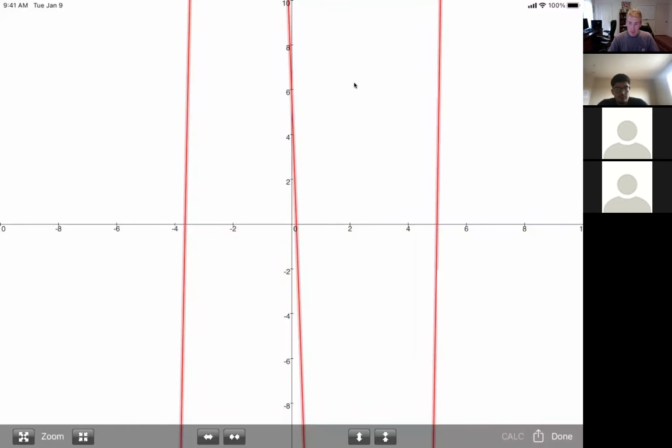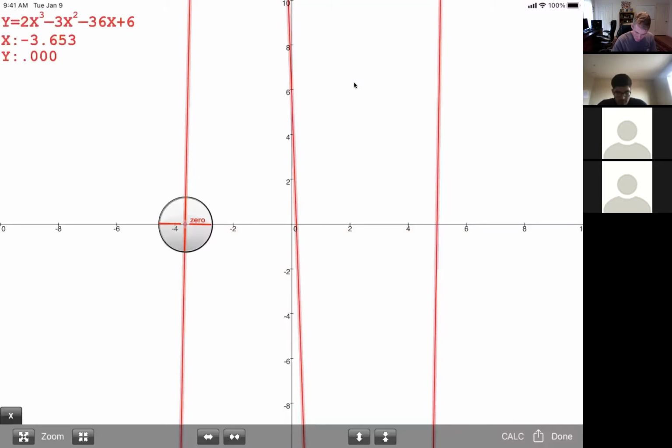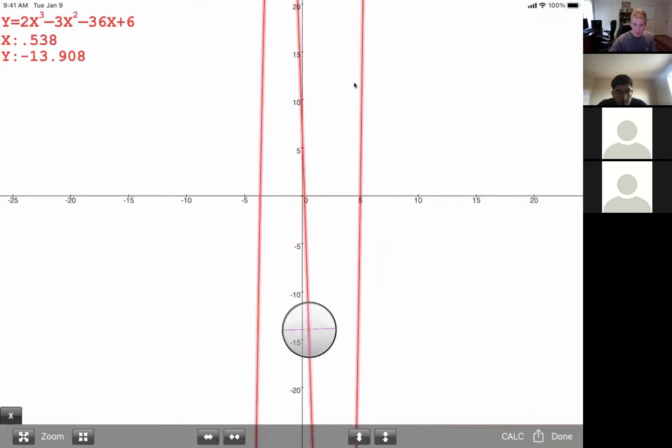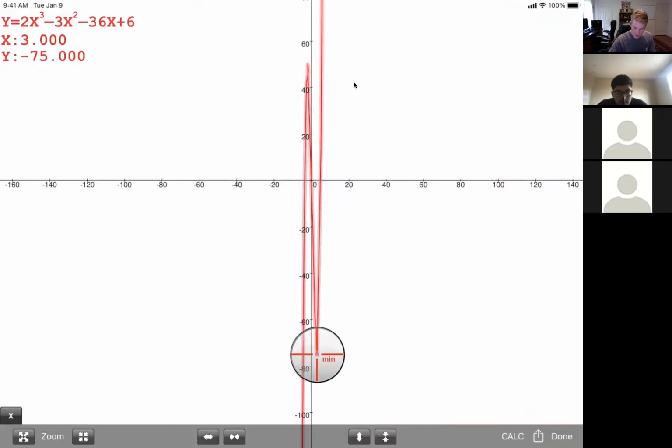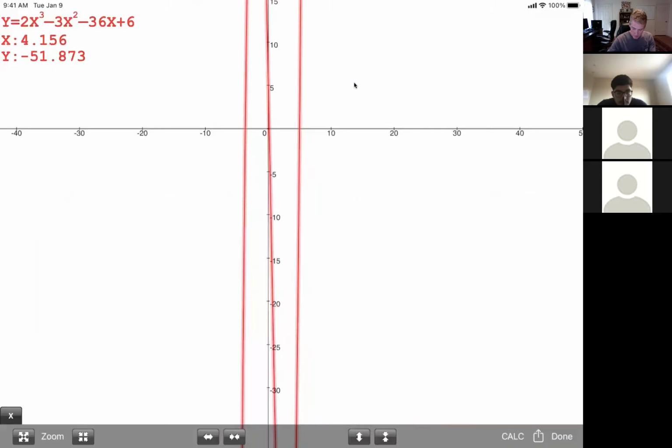Okay, well, at least now I could see the graph. But the y values seem to be much bigger than what's showing up on the graph. So what I could do with this calculator, it's on the iPad, so I could just go like this and go like this.